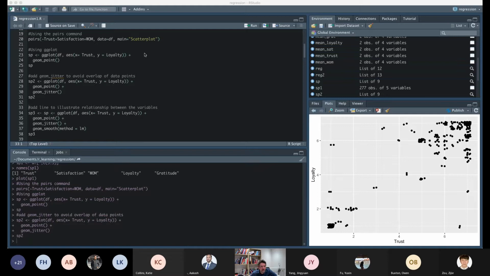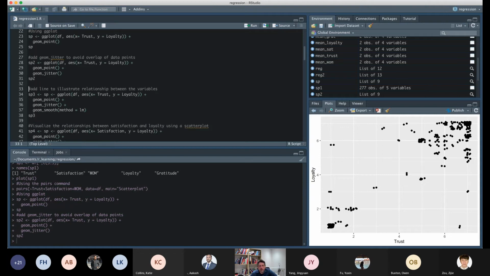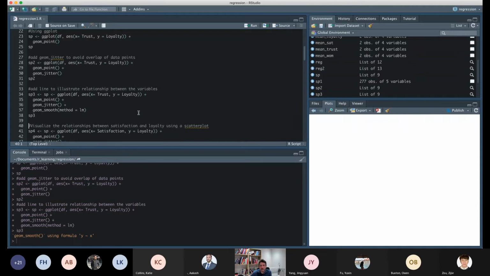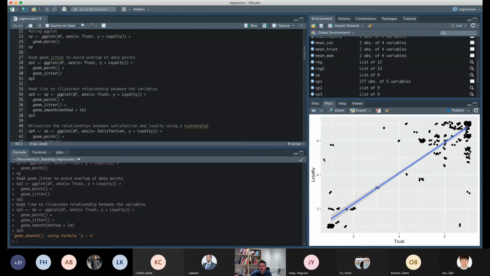So more on the extreme ends, and not many in the middle, but it looks very much like a linear relationship. You can also ask R to put a line into the data by using the method of least squares, and that's what I did in this last step. Again, it's the same scatter plot, I just added a line based on the method of least squares.